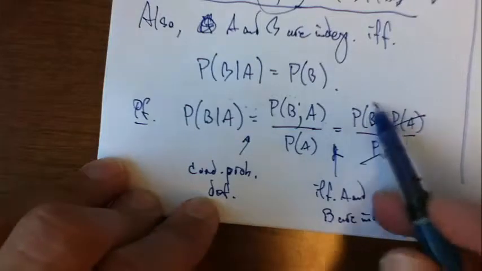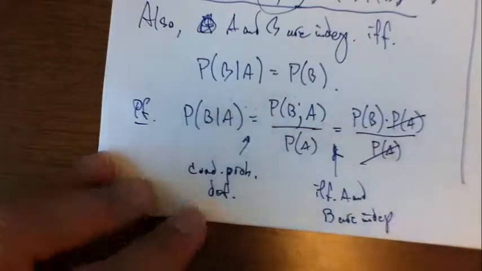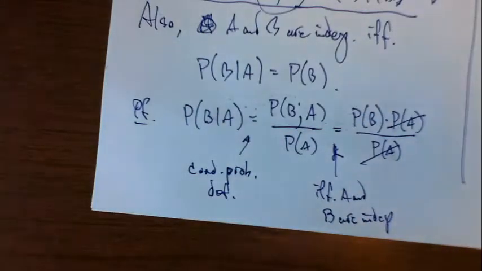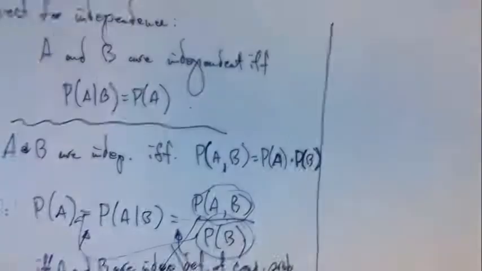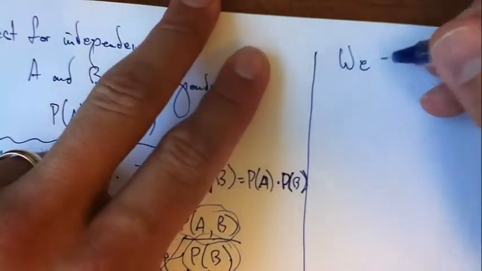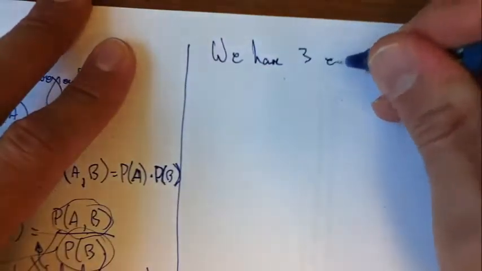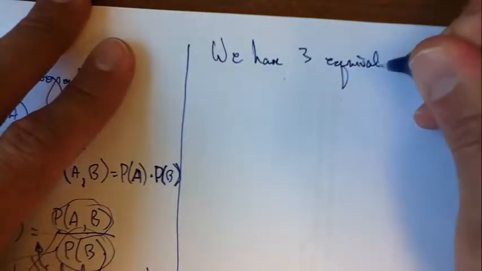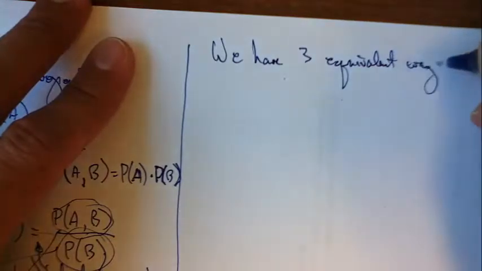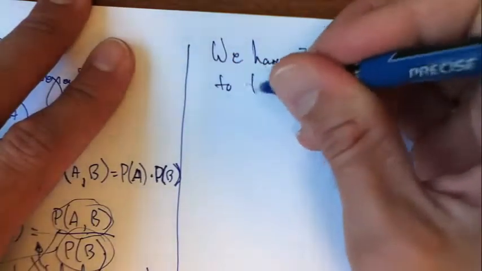The probability of B is the same as the chance of B given A if they're independent. So we have three equivalent ways to test for independence.